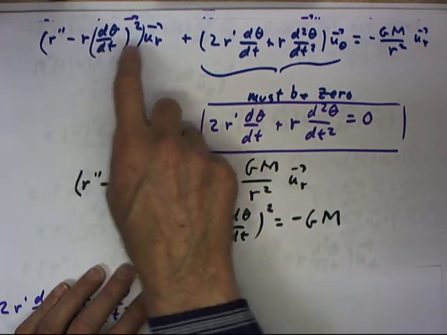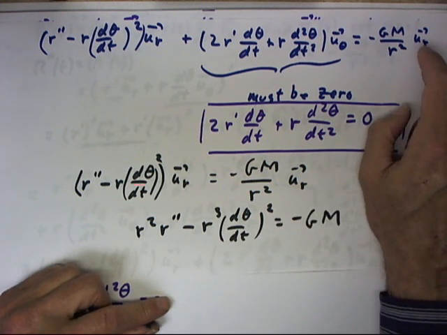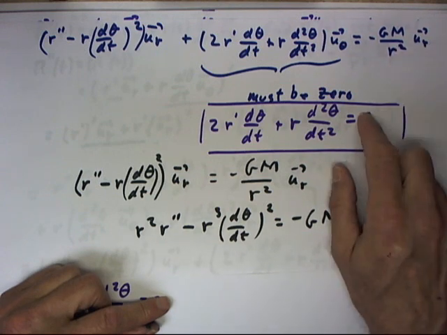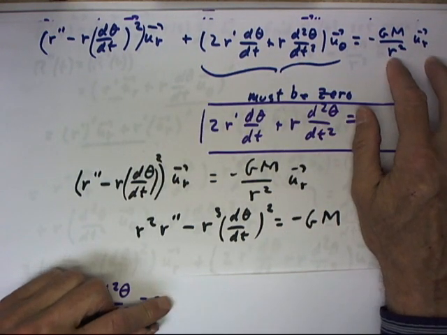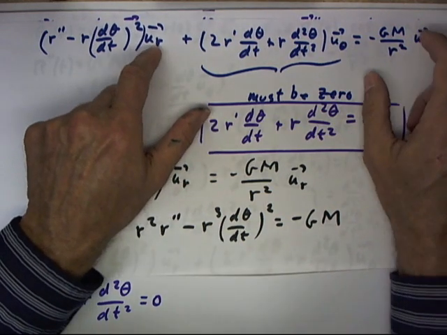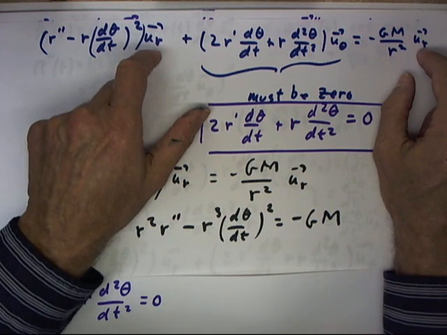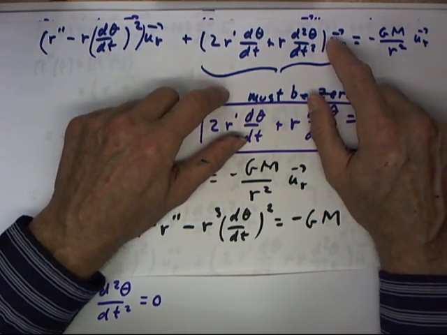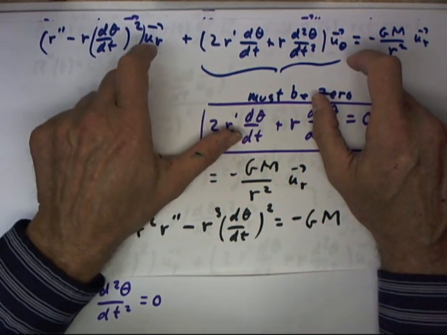We've seen then that the condition that the acceleration of the planet be back toward the sun and have this magnitude results in this equation, and we observe that this side is a multiple of u_r and this side is a multiple of u_theta. Now u_theta is perpendicular to u_r, our unit vector in the r direction.